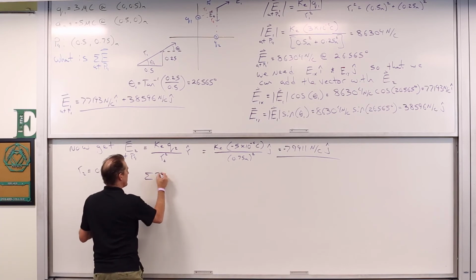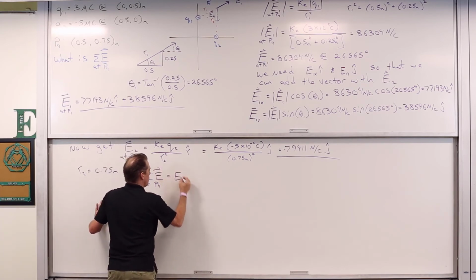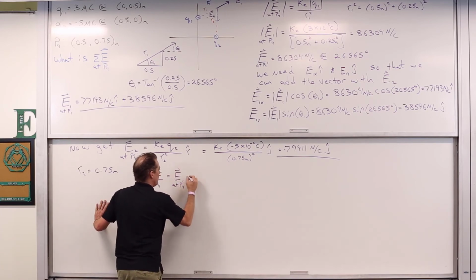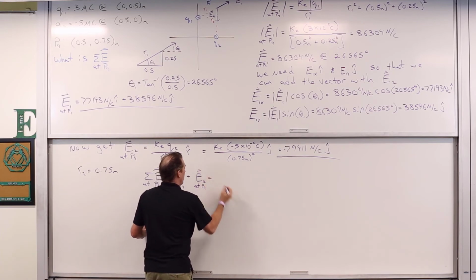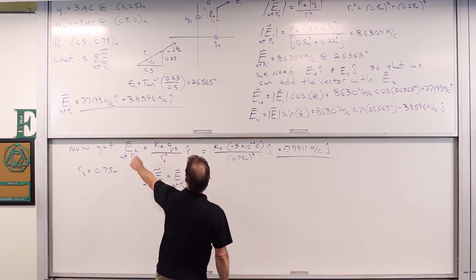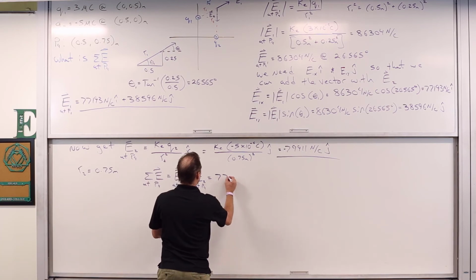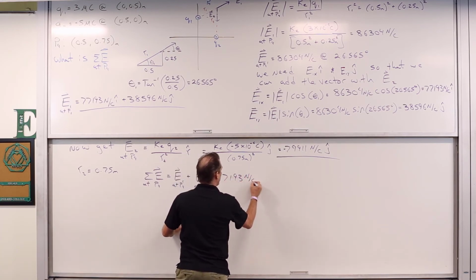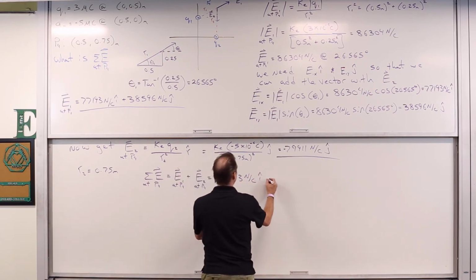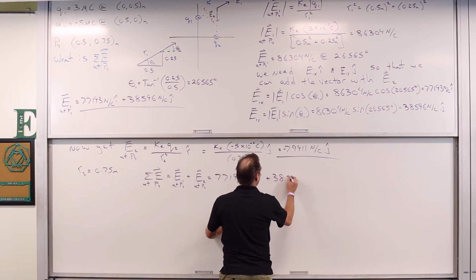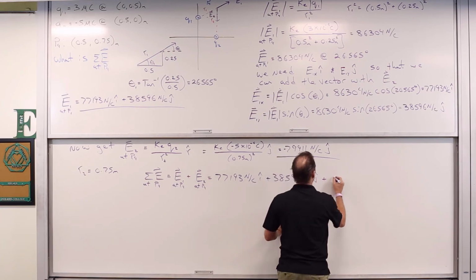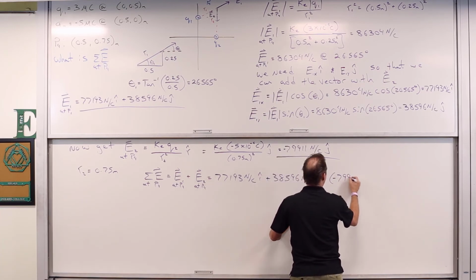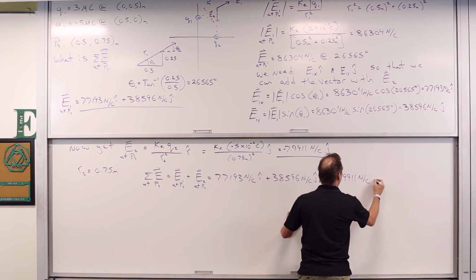So now we can get what the vector sum is. We've got sigma E hat at P4 is equal to E hat 1 at P4 plus E hat 2 at P4, which is going to be equal to, well, we've got an I hat component, 77,193 newtons per coulomb I hat plus 38,596 newtons per coulomb J hat plus a negative 79,911 newtons per coulomb J hat.